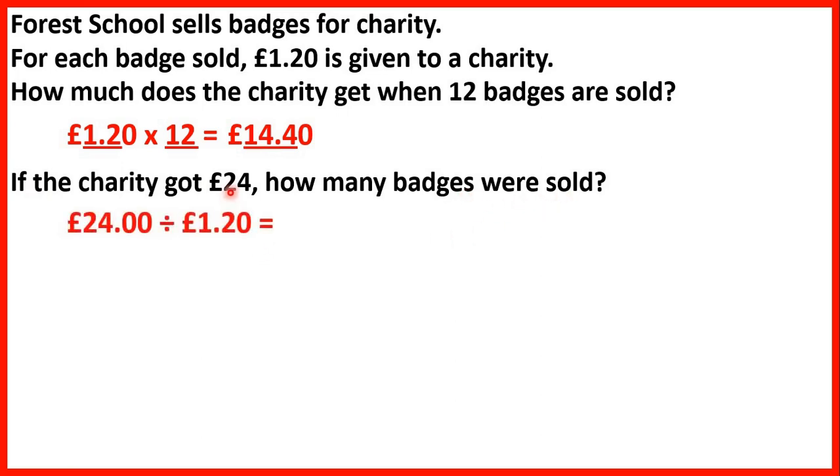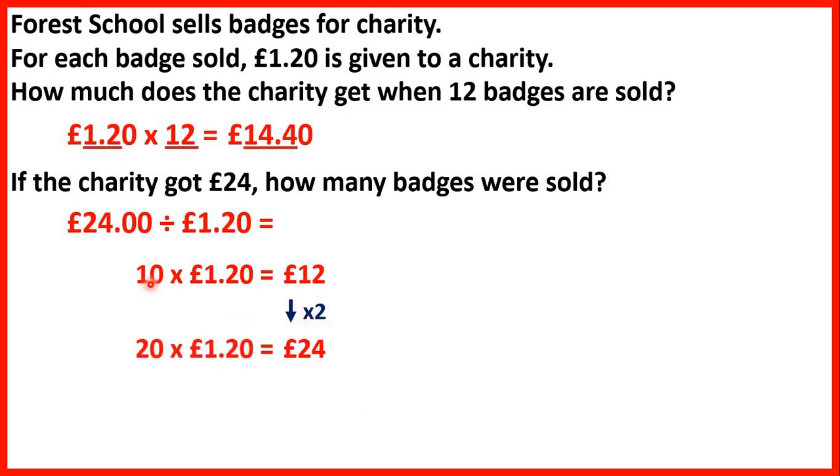So here we need to divide £24, so the total amount, by £1.20, so the amount for each badge. If we think 10 badges costing £1.20 would be £12 altogether, £24 is £12 times 2.